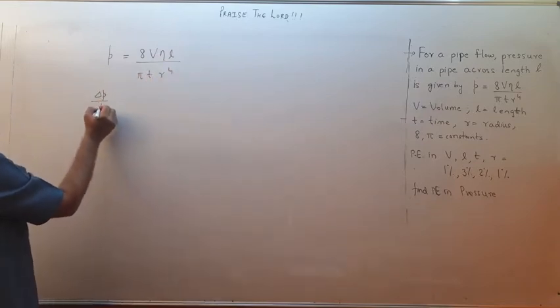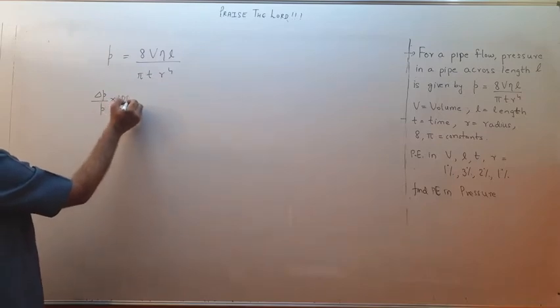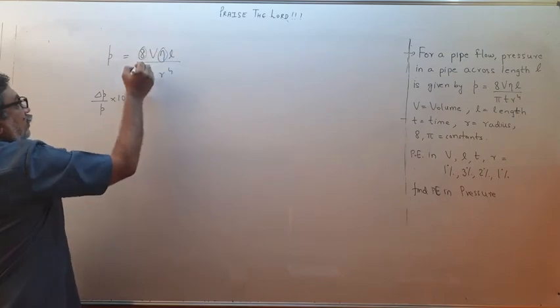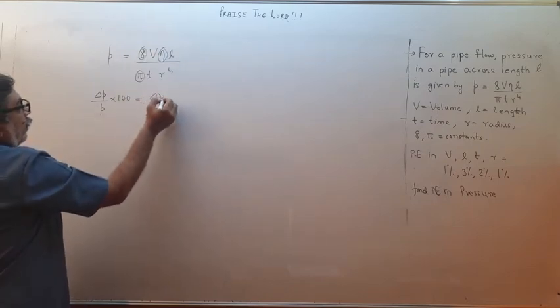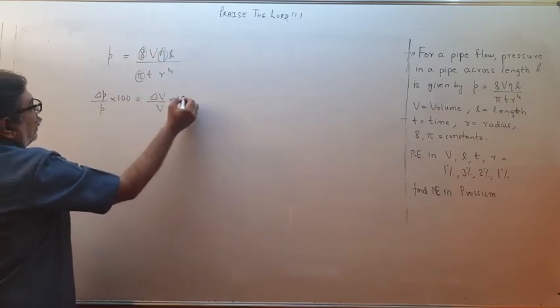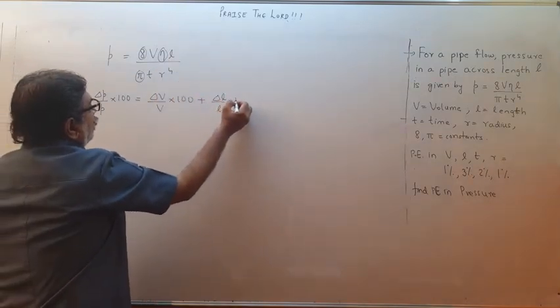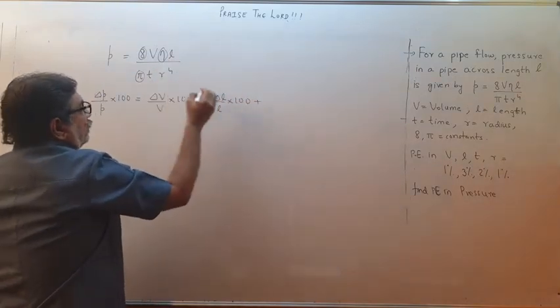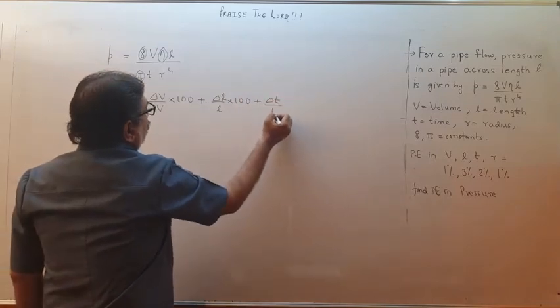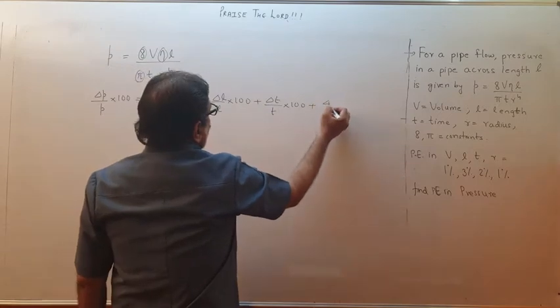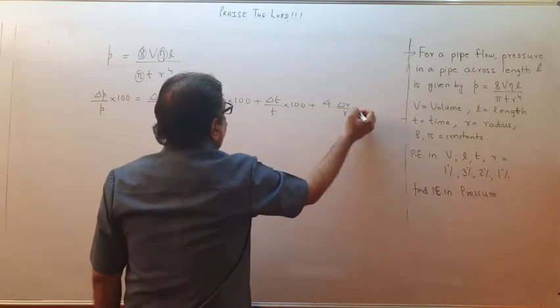So I will write delta P upon P into 100 because I want percentage error. 8, pi, eta are constants, so forget about them. Volume, delta V upon V into 100, L, delta L upon L into 100, plus T, delta T upon T into 100, plus 4 delta R upon R into 100.